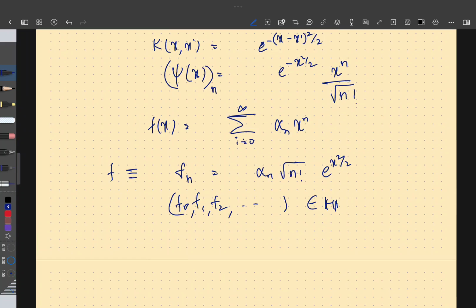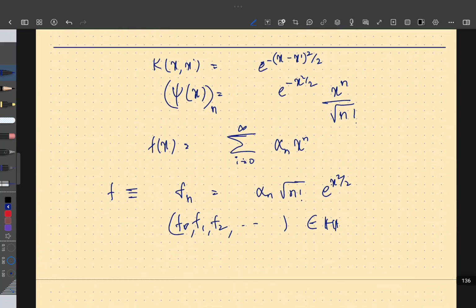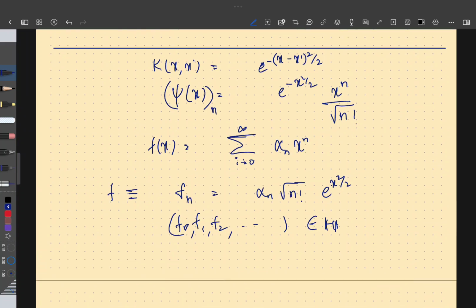Which one? So remember that f is a representation. F of x? Correct. Okay, so this is maybe not a very good example. I see.